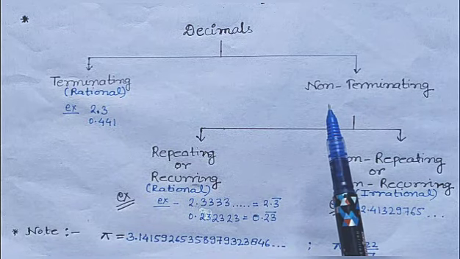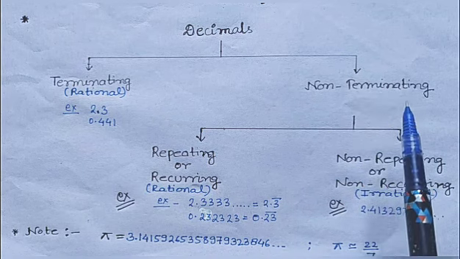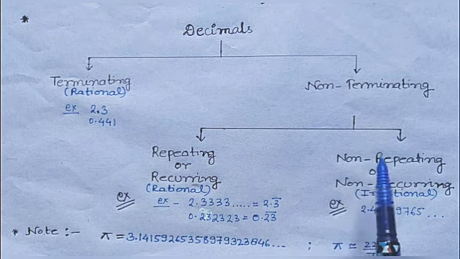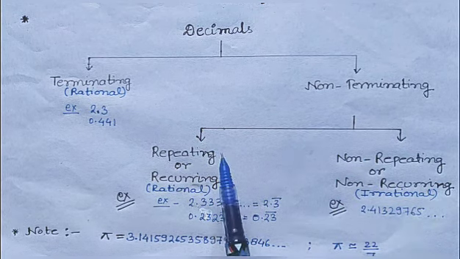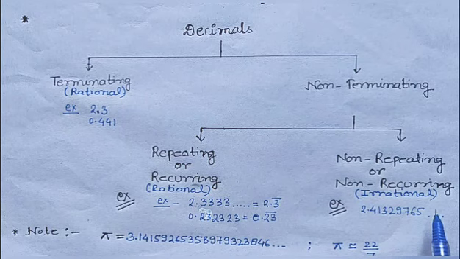The decimal which is not getting terminated after the decimal point is non-terminating. Non-terminating can be divided into two parts, repeating or recurring, and non-repeating or non-recurring. In repeating or recurring, a few blocks or numbers will be repeated. In non-repeating, no pattern, no number will be repeated.